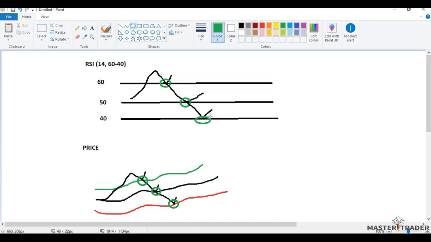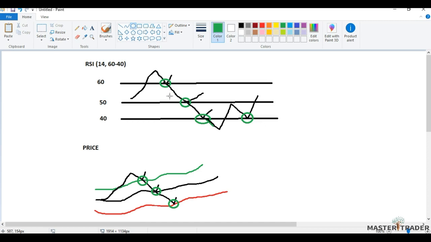That is also an indication to buy. Or let's say RSI went below 40, now it pulls back up to 40 and then bounces and takes support. So that is also a case of a buy trade.